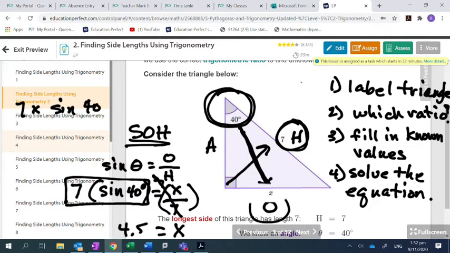Rounded to one decimal place, it's 4.5. Basically, it's rounded, because it's 4.49951. And so your job is to make sure that you're in degrees.